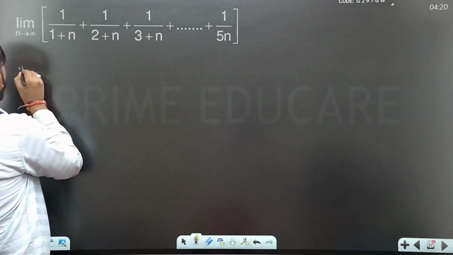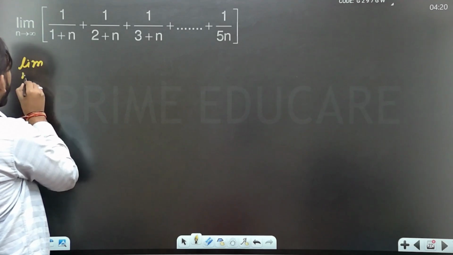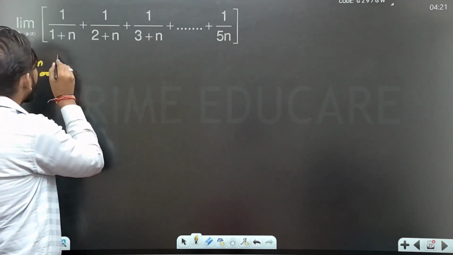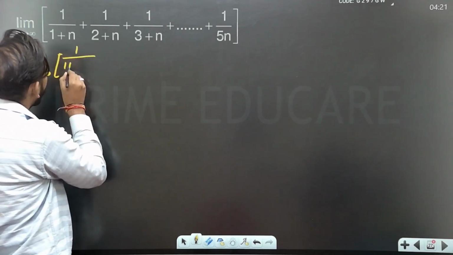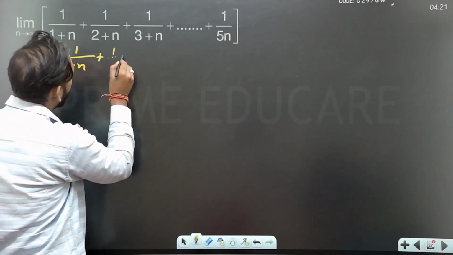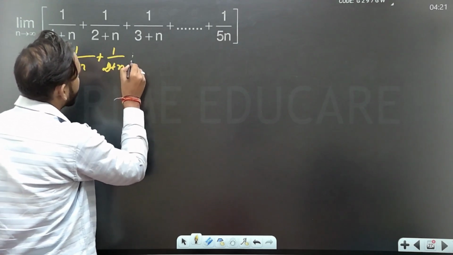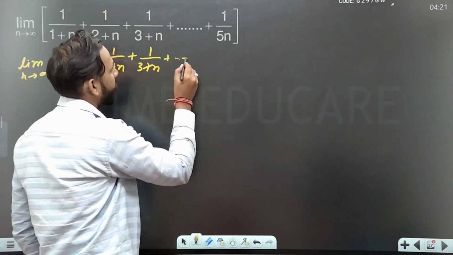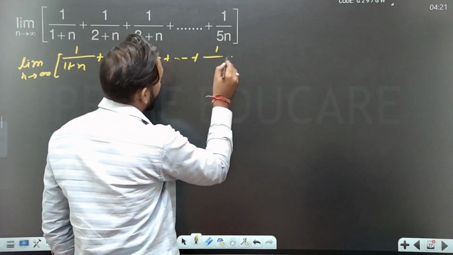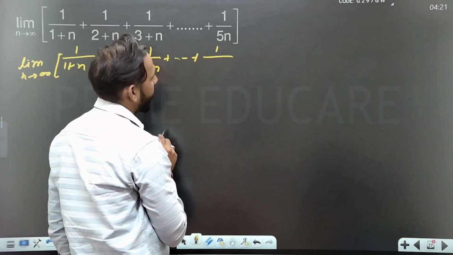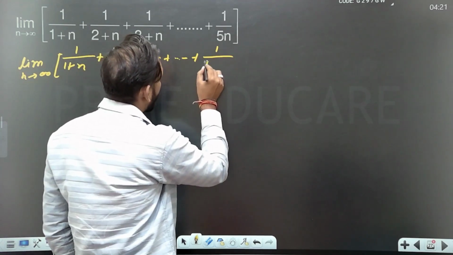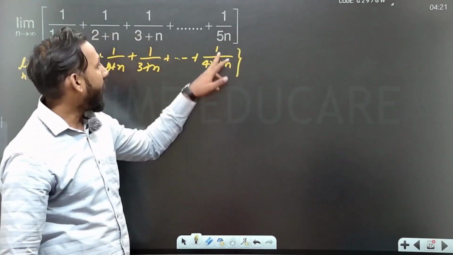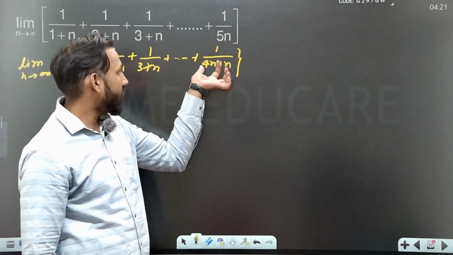Now we try to find the limit as n tends to infinity of 1 over 1 plus n plus 1 over 2 plus n plus 1 over 3 plus n and so on, plus the last term 1 over 4n plus n, yes or no? Because 5n is nothing but the addition of 4n plus n.